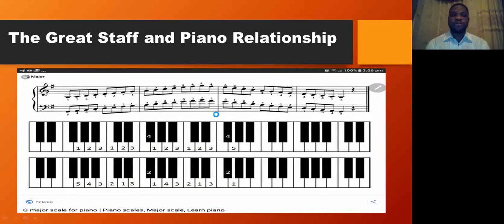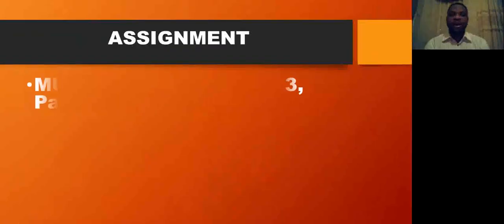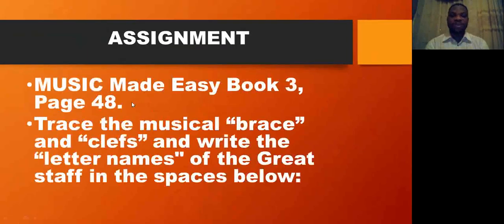So before we say our bye today, let us see what we have as our assignment. Music Made Easy, that's your textbook, book 3. Go to page 48. What it will give you there: trace the musical brace and the clefs and write the letter names of the grand staff in the spaces provided.